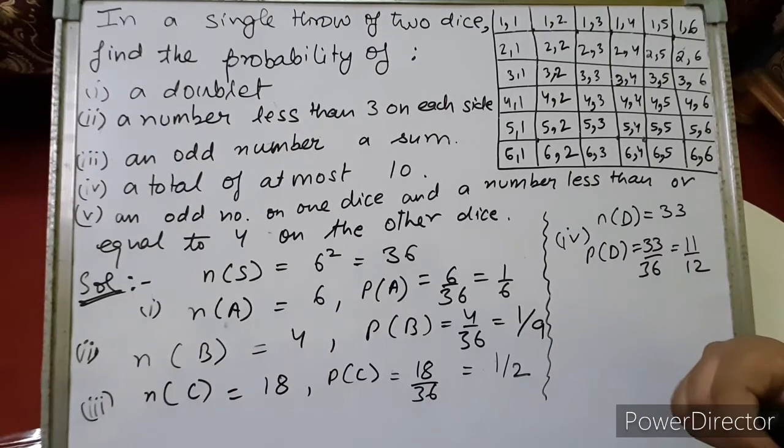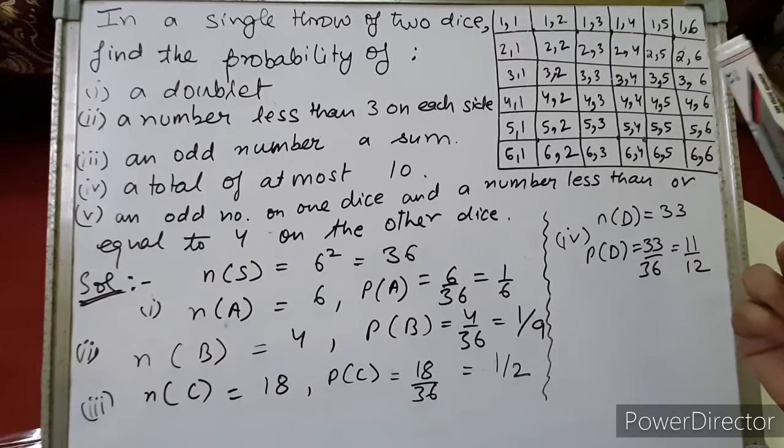Alright children, let's see the fourth point. In the fourth point it is given that a total of at most 10. That means maximum 10 could occur or less than 10 could occur. No total more than 10 is accepted. So 10 could be the total, right? That can occur in this event.